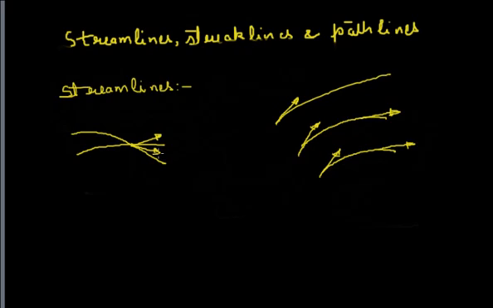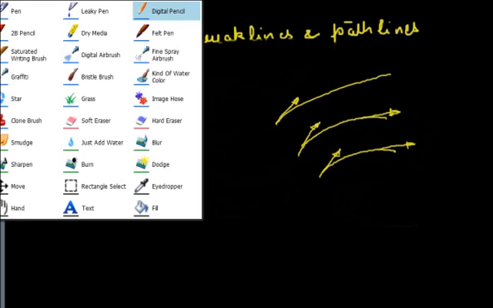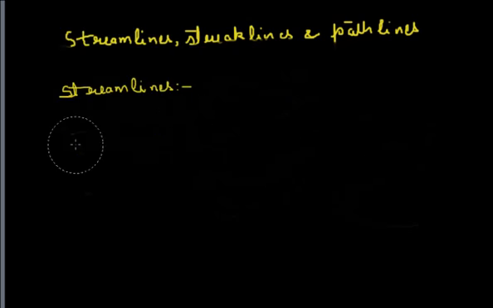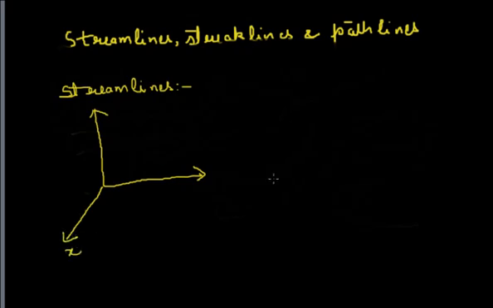Now we will try to write an equation of streamline. For that purpose, we will consider a three-dimensional flow. Suppose a three-dimensional flow in x, y and z axis, and this is a point, and these are the streamlines.